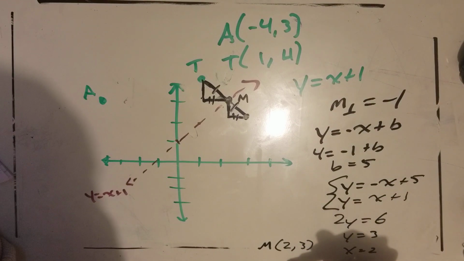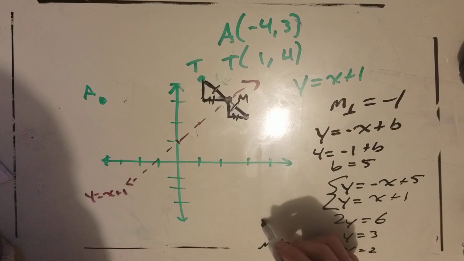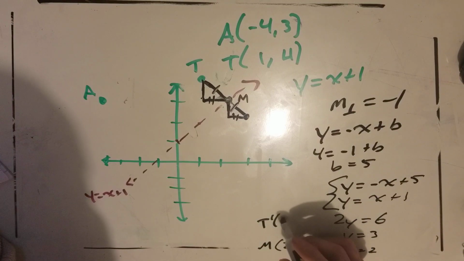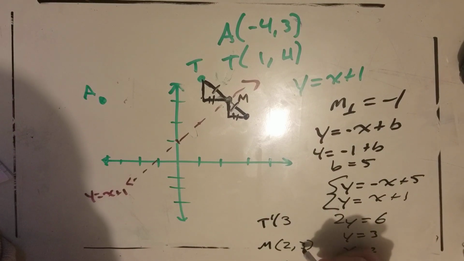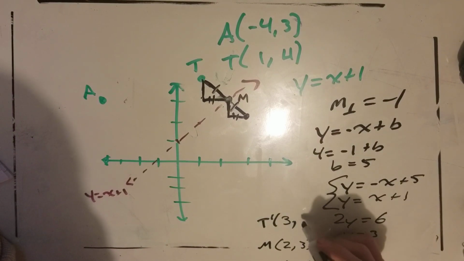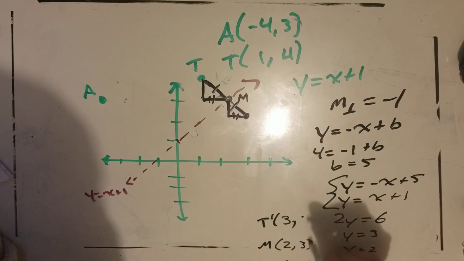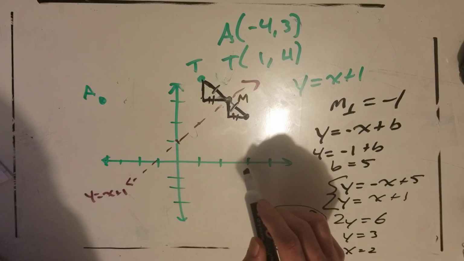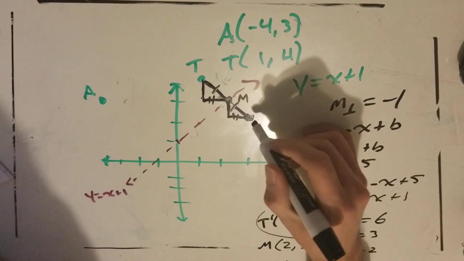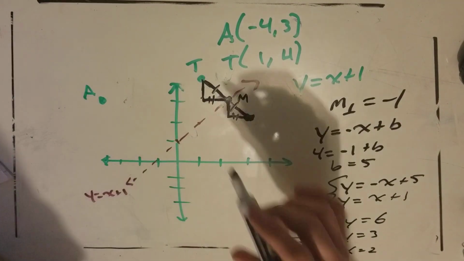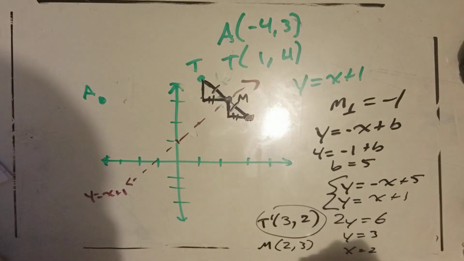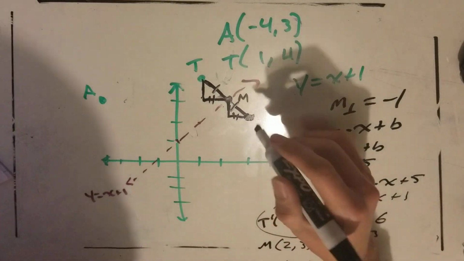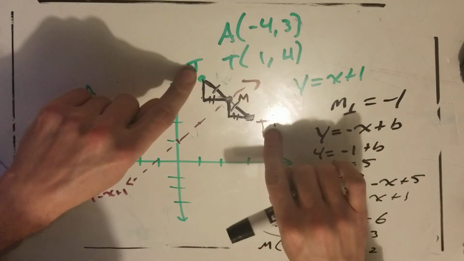So from T you go up 1 to M, so T prime is going to be 3. You go down 1, so you end up with a 2 here for your T prime. So T prime would be at 3, 2, which is right about here. And then you're going to have the same distance. You could either make those two little congruent triangles, or you can think of M as your midpoint between T and T prime.